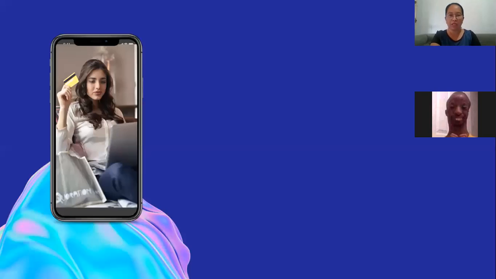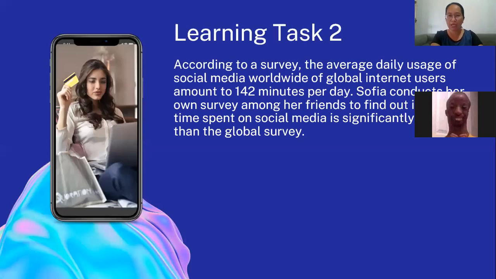Okay, and to start, I have here learning task number 2, and it says here, according to a survey, the average daily usage of social media worldwide of global internet users amount to 142 minutes per day.